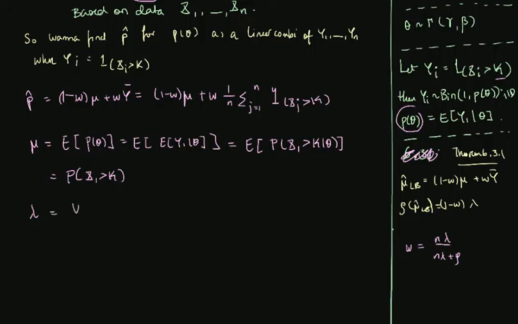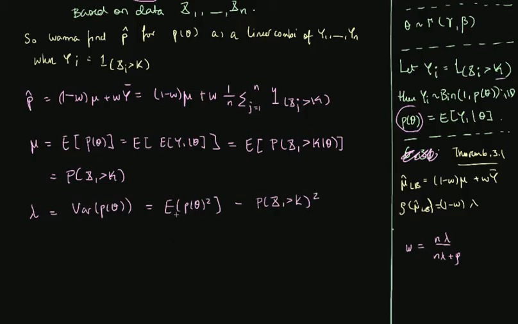Lambda is equal to the variance of p of theta, which is then equal to the mean of the second moment of p of theta, sorry, minus the first moment of p of theta squared. Now the first moment of p of theta we have already found, so this is just the probability that x1 is greater than k squared.